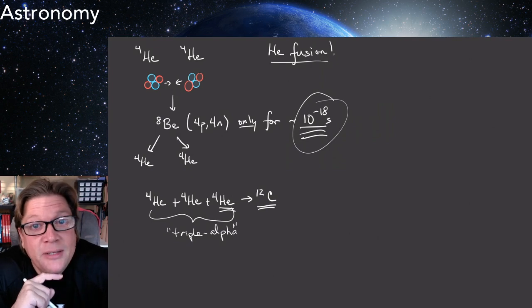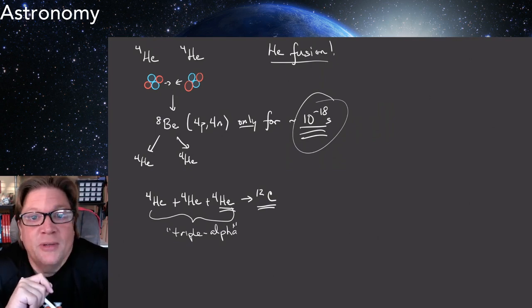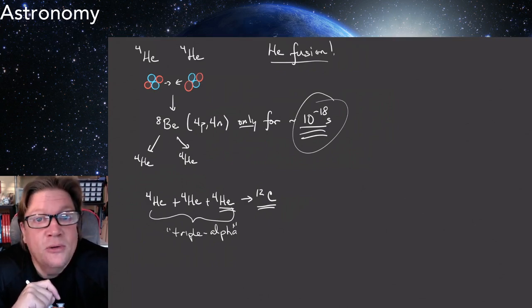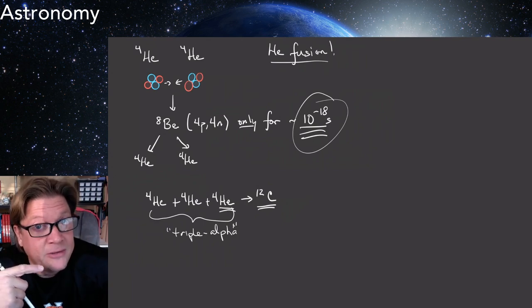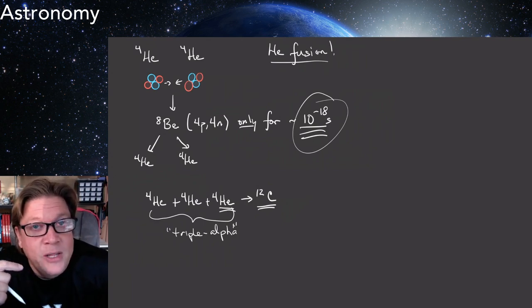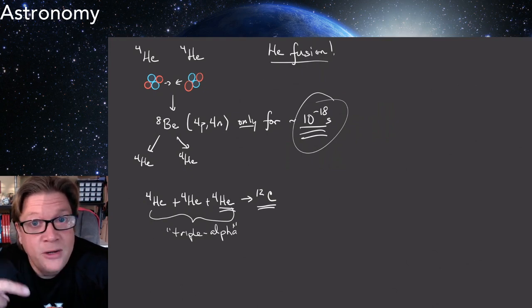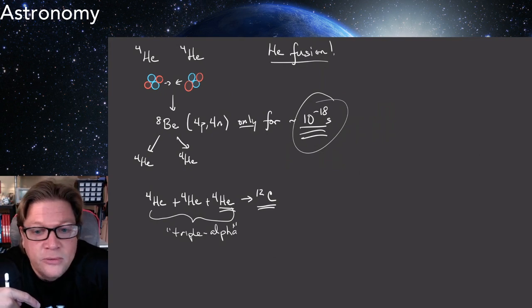This is how helium fuses. This is why it needs to be so dense and so hot that it skips over beryllium. And we'll come back to that next week. That's sort of an important thing. Notice, we skip right from element number 2 to element number 6. We skipped right over elements 3, 4, and 5. So that has consequences.